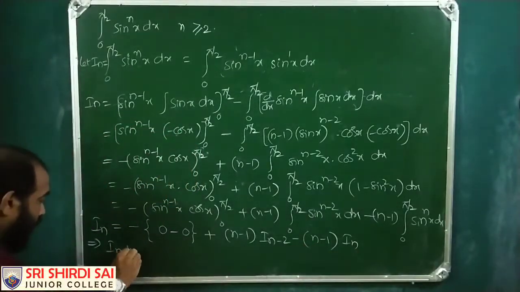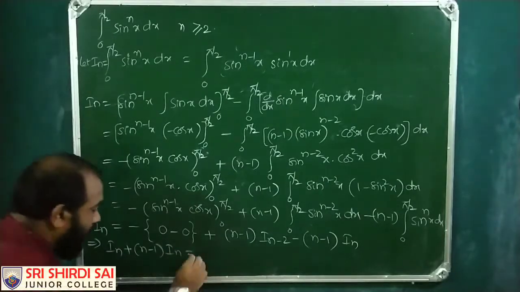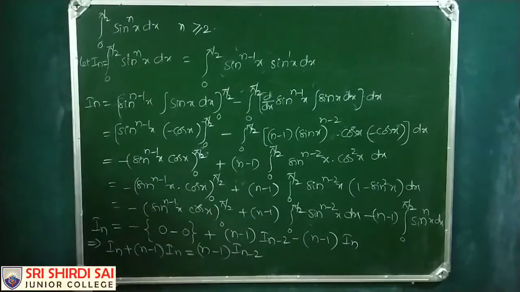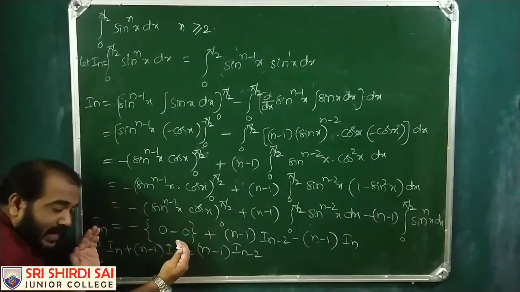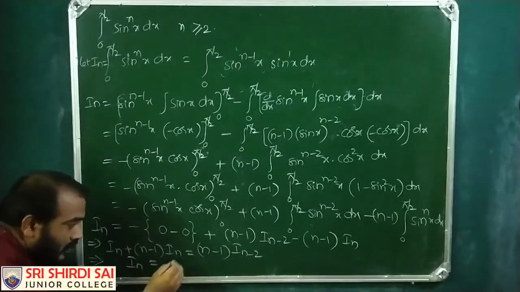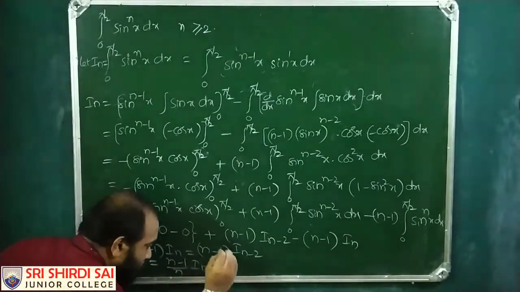If you bring this here, I n plus n minus 1 into I n is equal to n minus 1 into I n minus 2. If I take I n as common, then 1 plus n minus 1, the 1 gets cancelled. This whole is n I n. Therefore I n is equal to n minus 1 by n into I n minus 2.